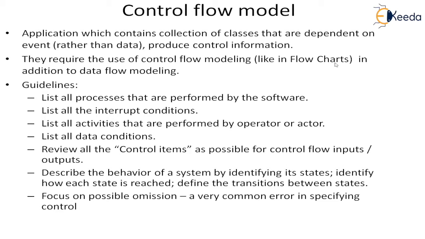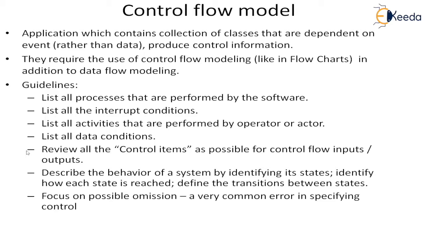Like in flowcharts, we wrote flowcharts for programming, or to indicate a process. Similarly, we will do control flow modeling for control information processing, in addition to the data flow modeling. We have already done the data flow modeling, but if the application also has some event related activities, then we have to do the control flow modeling.